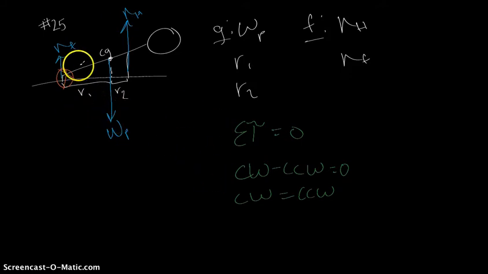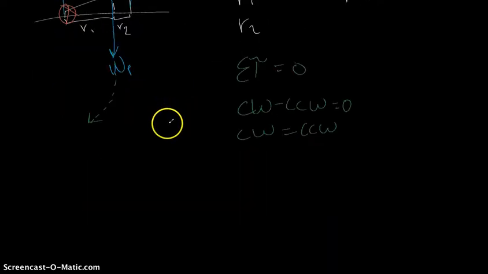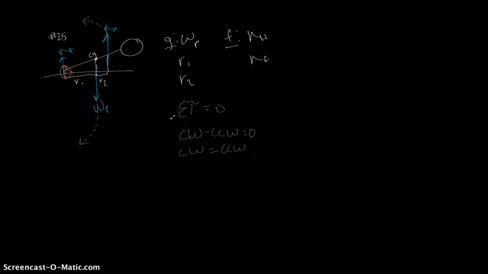So if this were going down, the weight of the person along this axis of rotation, it would be moving in a clockwise direction, and the normal force of the hands would be moving in a counterclockwise direction, like that. So now all we have to do is substitute these in.